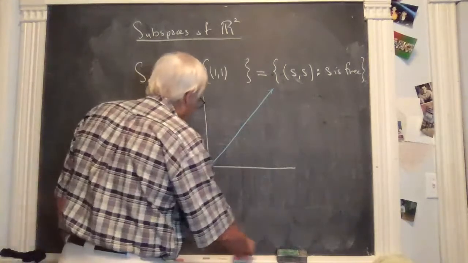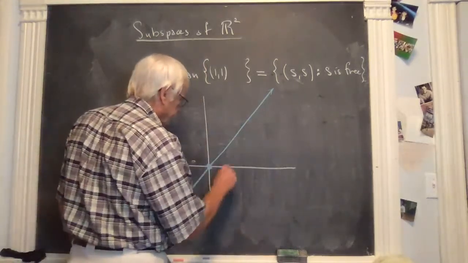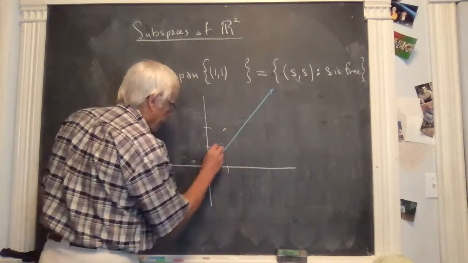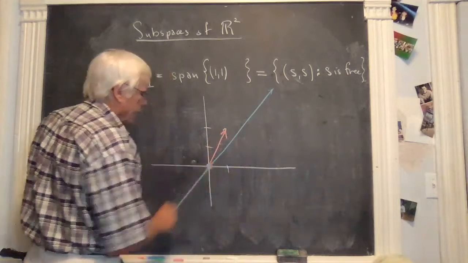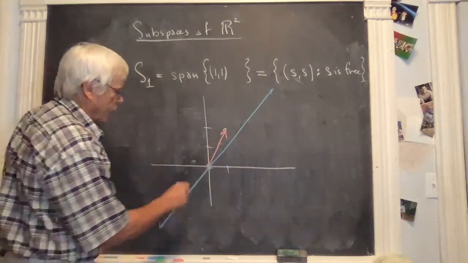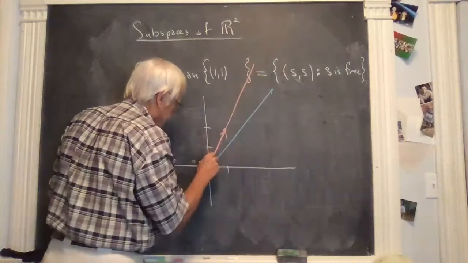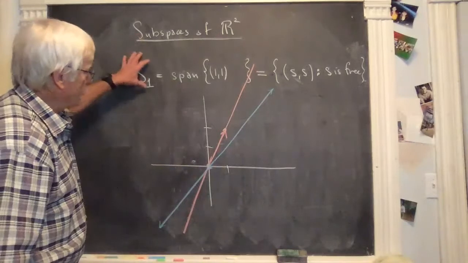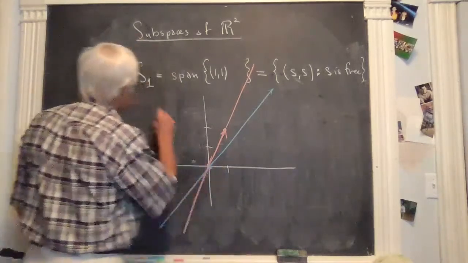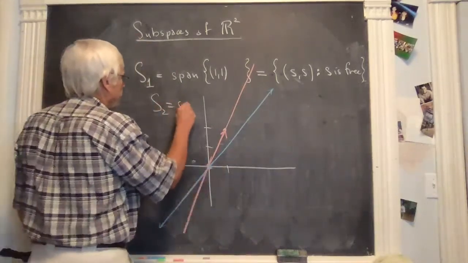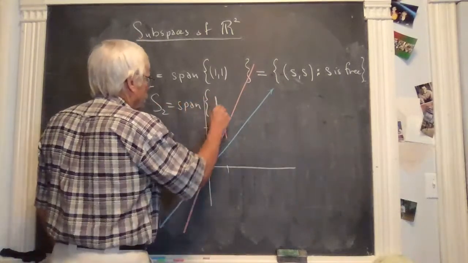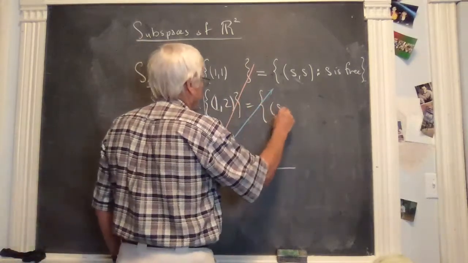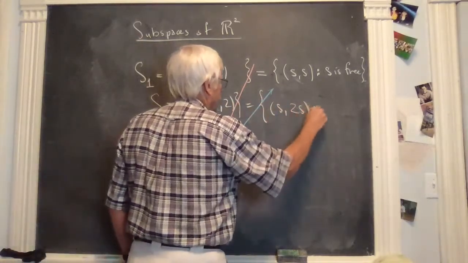If Snow would have given me a different vector like (1, 2), so here is the vector (1, 2). And if we take all linear combinations, that would mean all multiples. Another line containing the origin. So the span of (1, 2) means all things of the form (s, 2s), such that s is free.